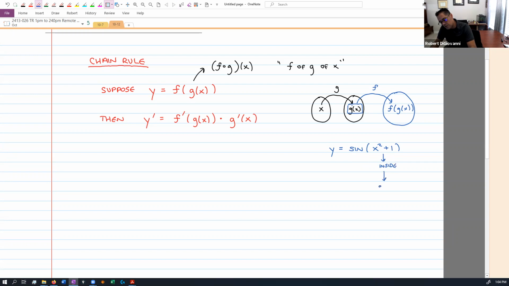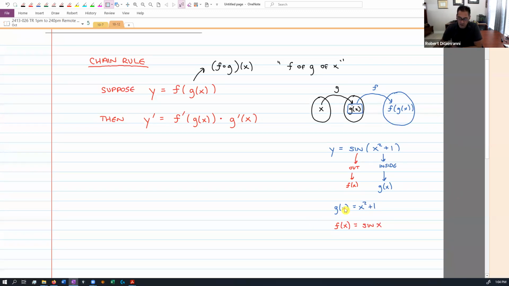That one is going to be our g of x. And so we could write here g of x is equal to x squared plus 1. And then the f function is the outer function. This is our f of x. So for us in this example, f of x would be the sine function, sine of x.